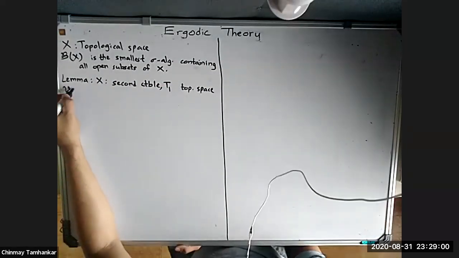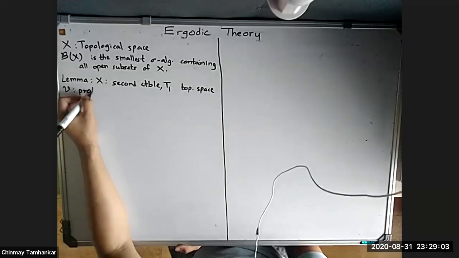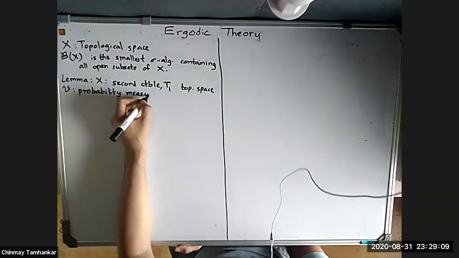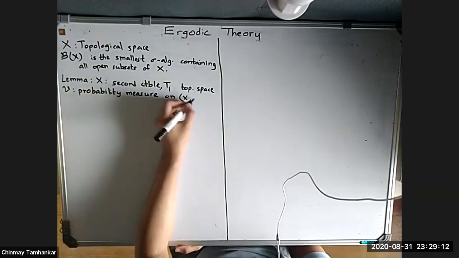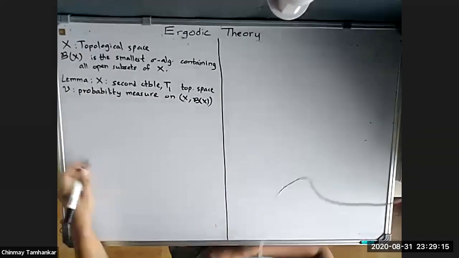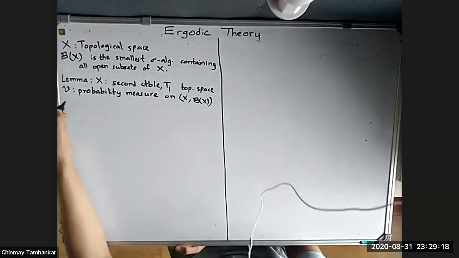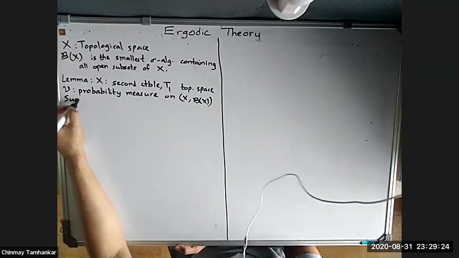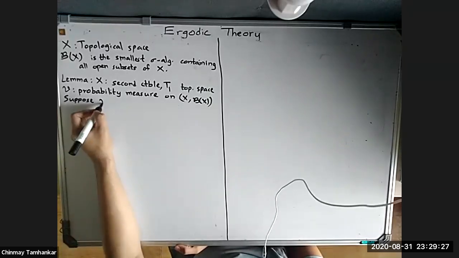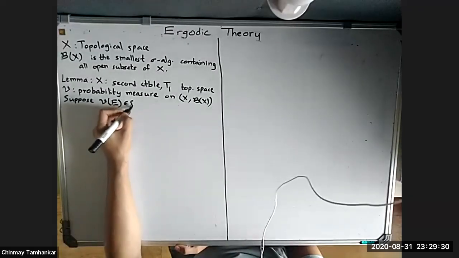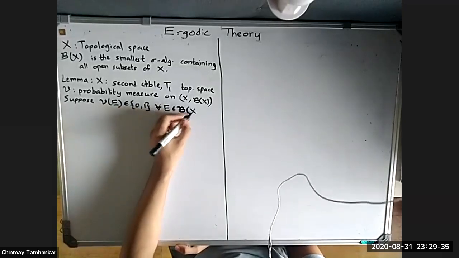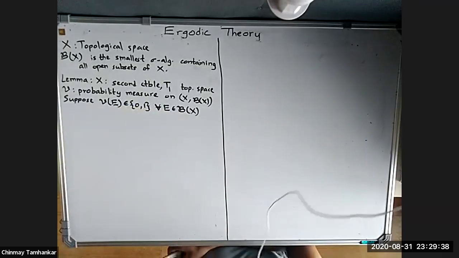And we have nu, which is a probability measure on X on the Borel sigma algebra. And suppose the measure of any measurable set is either 0 or the whole thing, which is 1.